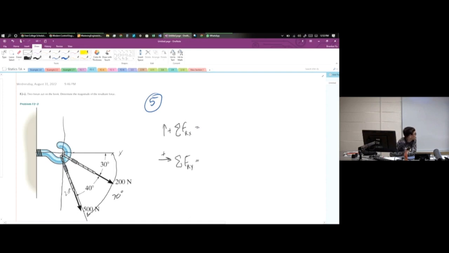So anybody come up with an FRX and FRY yet? What'd you get? FRX 344 newtons. Right. FRY minus 569.8. Anybody want me to go over it?